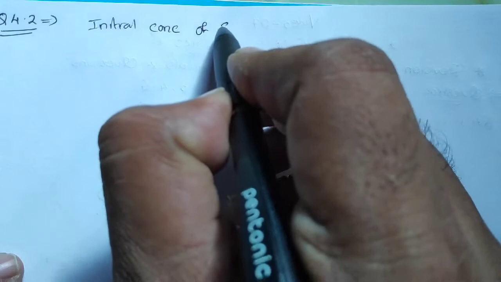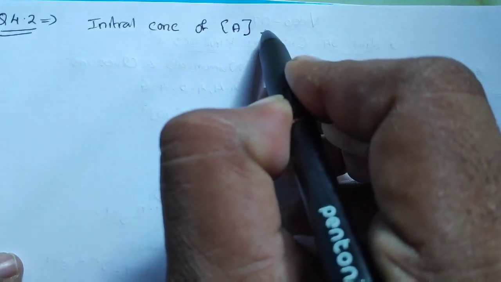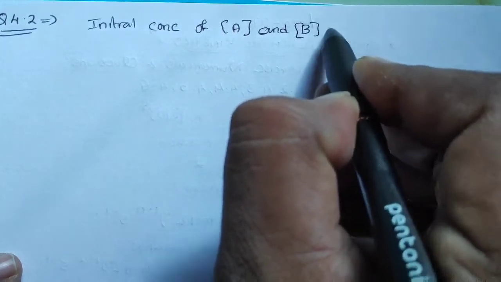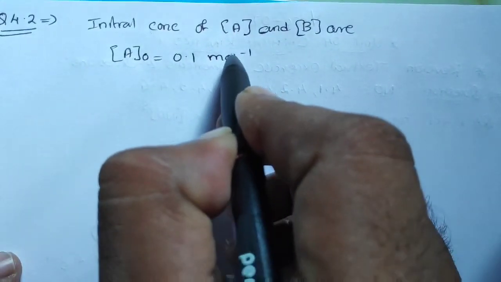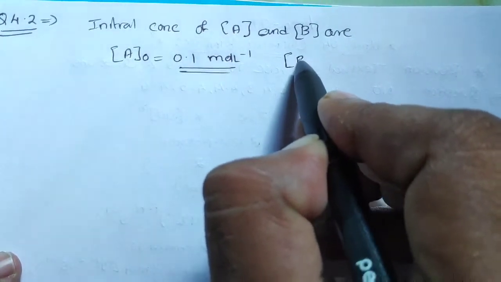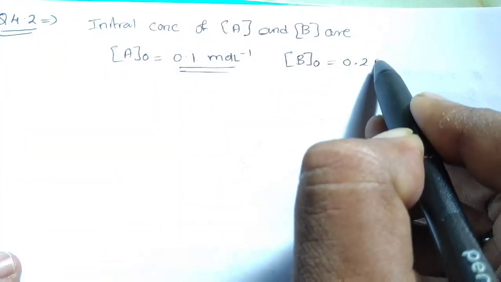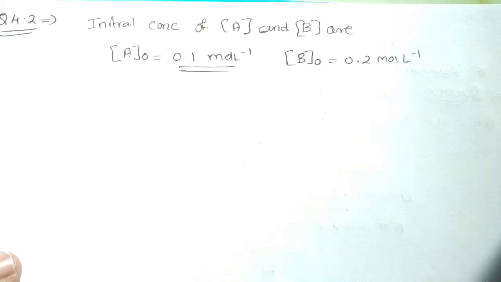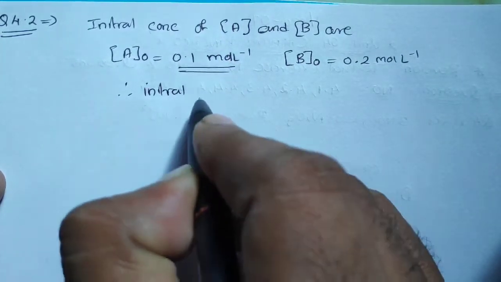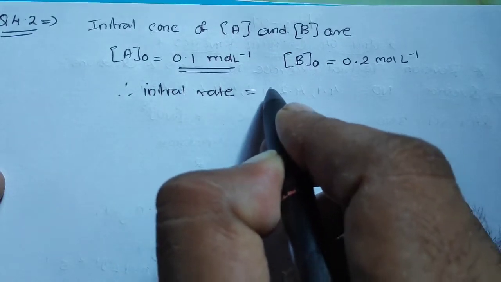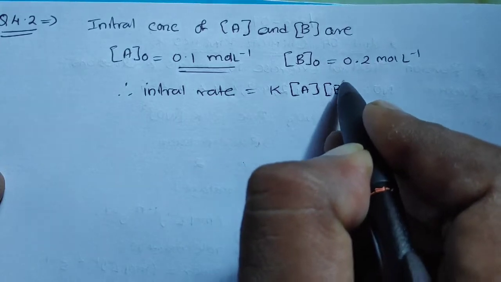Now the initial concentration of A, A0, is given as 0.1 mol L⁻¹. In the same way, B0 is equal to 0.2 mol L⁻¹. Understood? Now the initial rate will be equal to what was given in your book: concentration of A into concentration of B raised to 2.